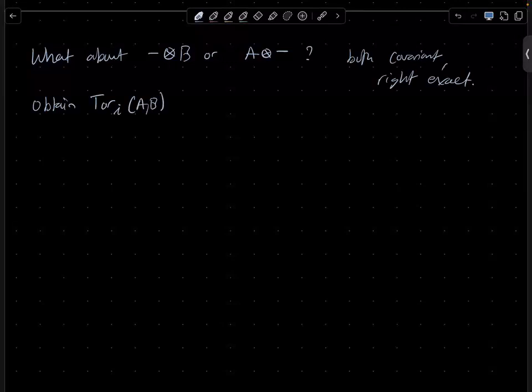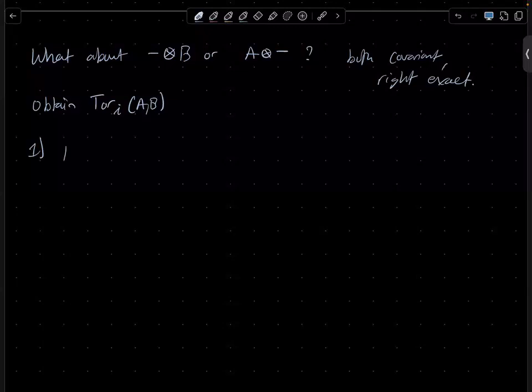Okay, and what's the recipe? It's very similar, so I'm going to be very quick about this. So how to get Tor? Step 1, take a projective resolution of A, call it P bullet.